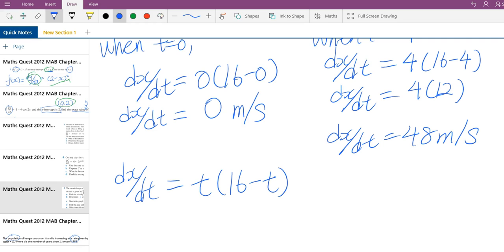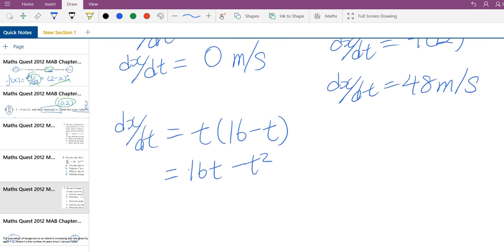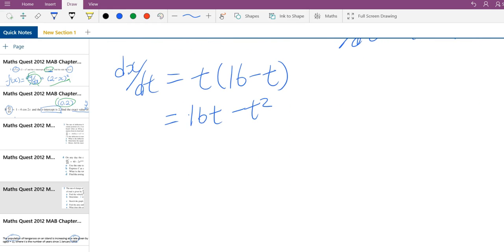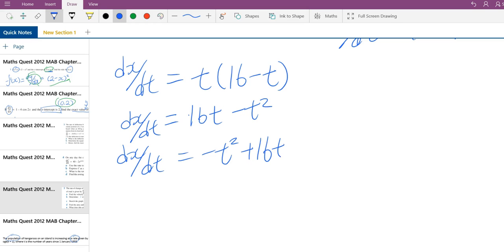So let's expand the function, distributing it. It will give us 16t - t squared. Let me rearrange that into something that we're more used to: -t squared + 16t.